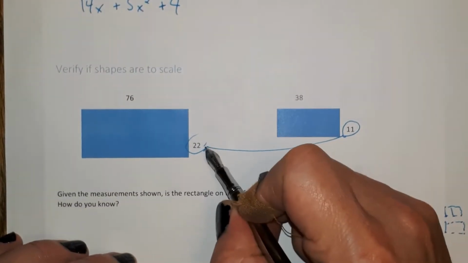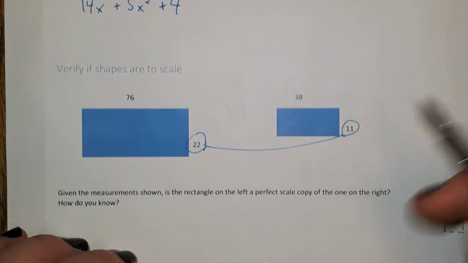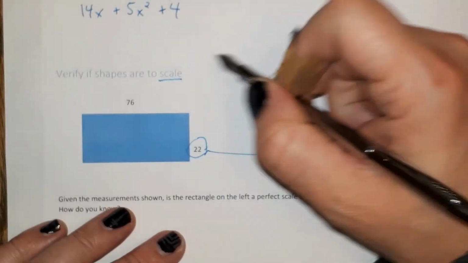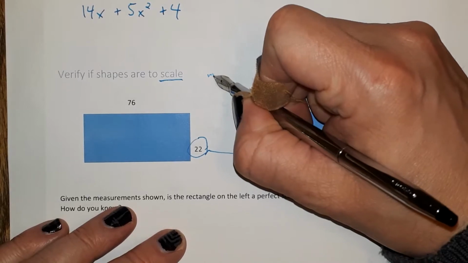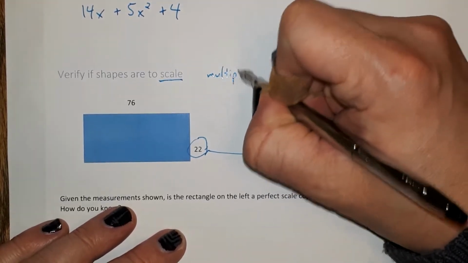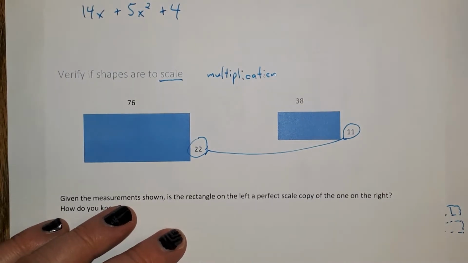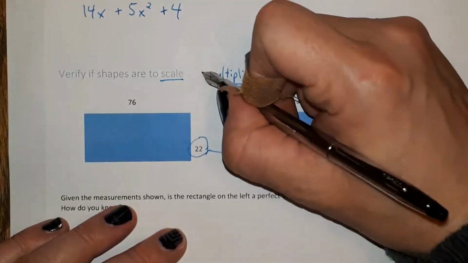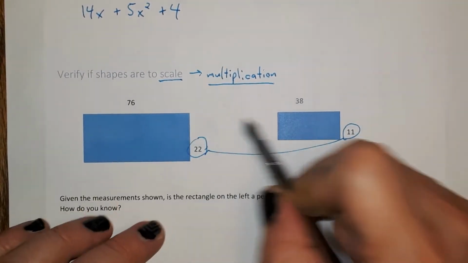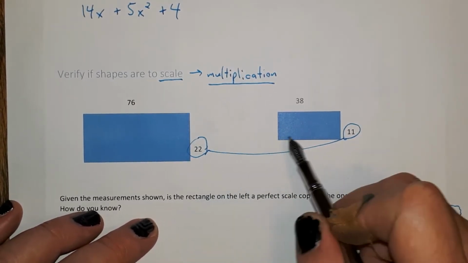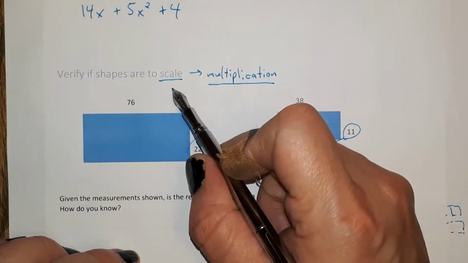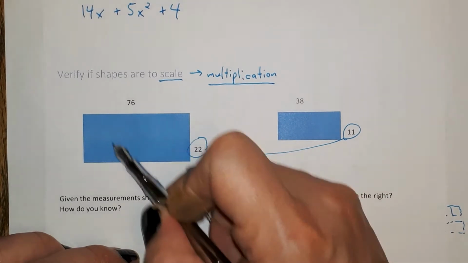If this is a scale diagram, scale diagrams are always about multiplication. Let's write that word down, multiplication. That's important to remember. You don't add numbers to get from here to here if you want it to stay a scale diagram where the proportions are the same.